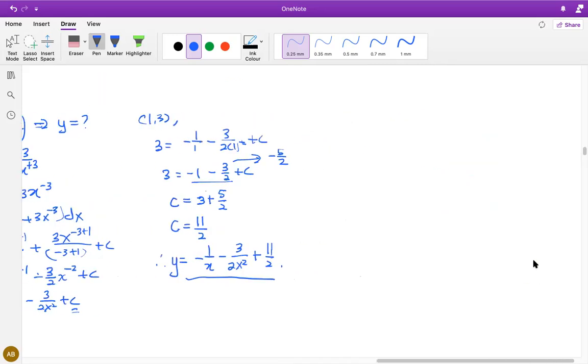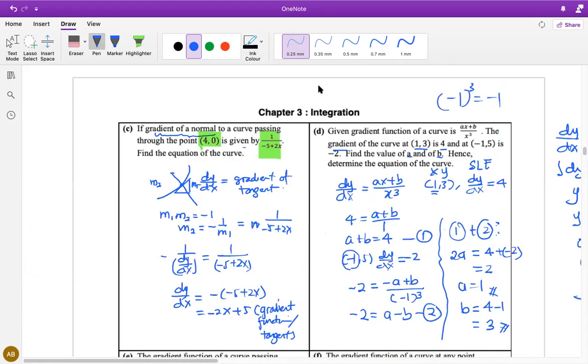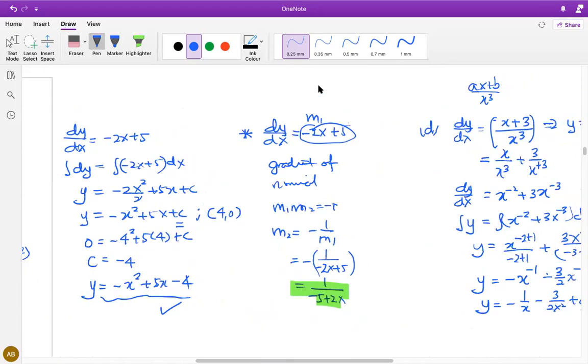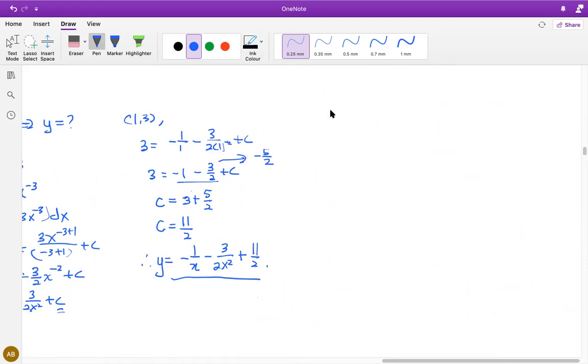You can try negative 1, 5. Let's try negative 1 and 5, and see whether it's correct or not. So 5 equals negative 1 over negative 1 minus 3 over 2 times negative 1 squared, plus c. So you get 5 equals 1 minus 3 over 2 plus c.